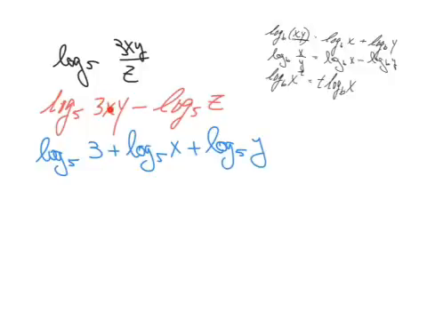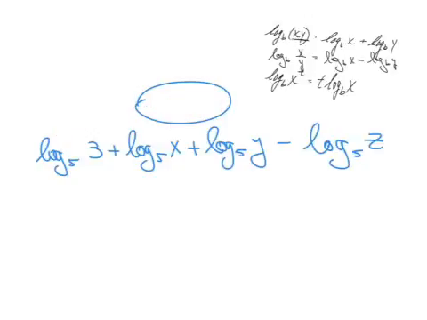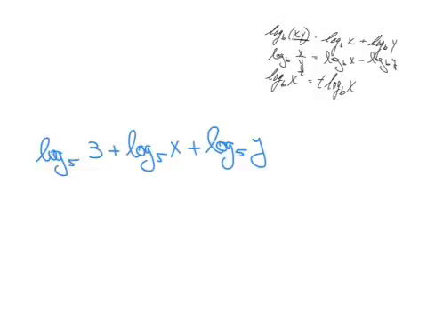Because the 3xy were multiplied, we add them. Okay, and then we continue on and we put that at the end. Okay, so that's called expanded. And that's what I did there, as I expanded that original problem that they gave me there.